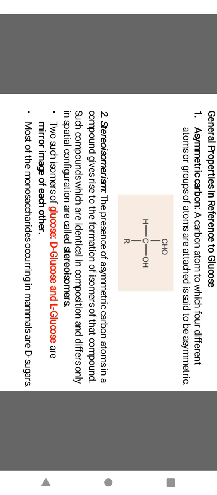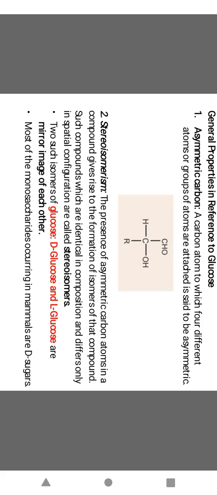What are isomers? Isomers have the same molecular formula but a different structural formula or configuration. Such compounds, that means chiral carbon center bearing compounds, which are identical in composition and differ only in spatial configuration, are called stereoisomers.